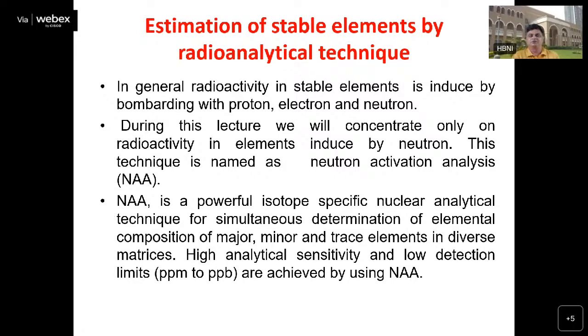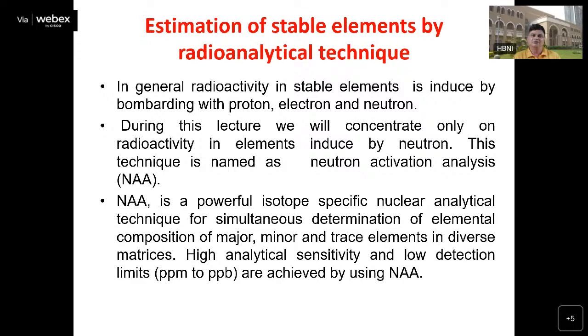These are the estimations of stable elements by radioanalytical techniques. In general, radioactivity in a stable element is induced by bombarding with protons, electrons, or neutrons. In this lecture, we'll concentrate only on radioactivity induced in elements by neutrons. Whenever radioactivity is induced in an element this way, it is termed neutron activation analysis.